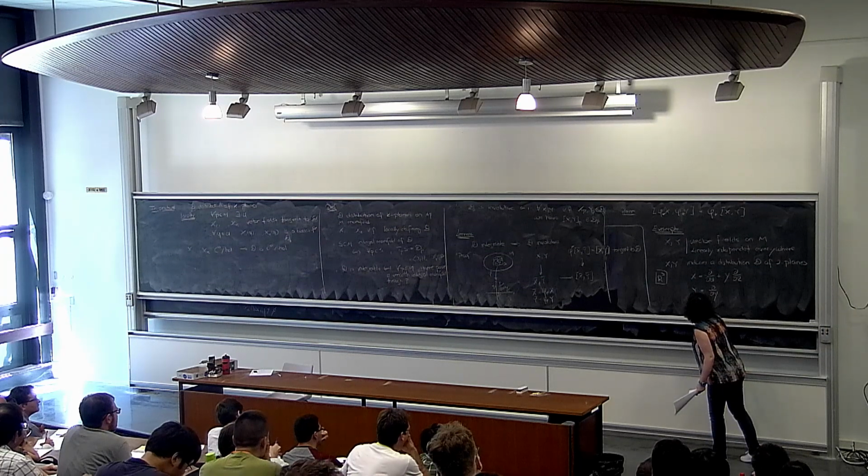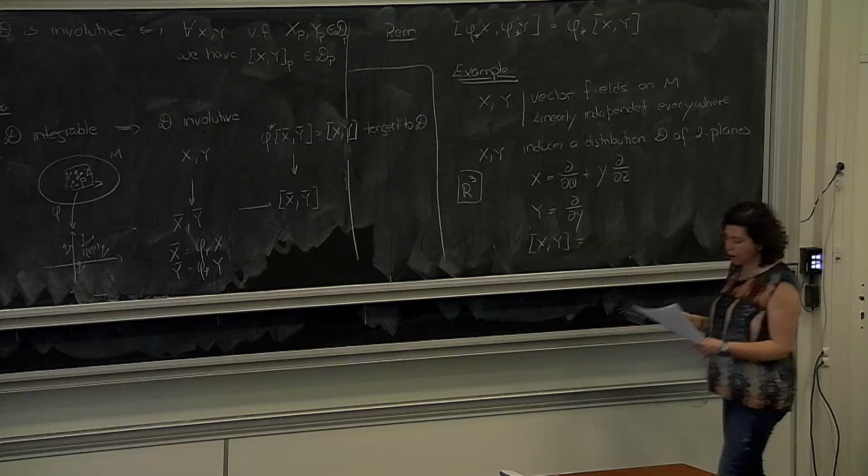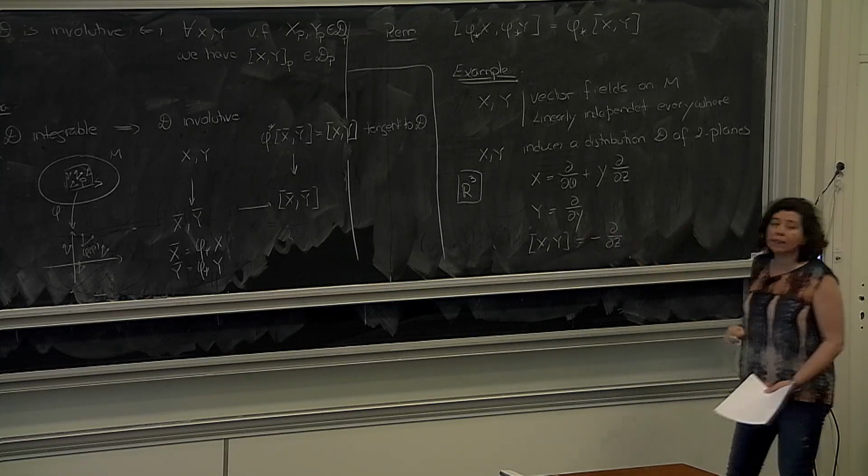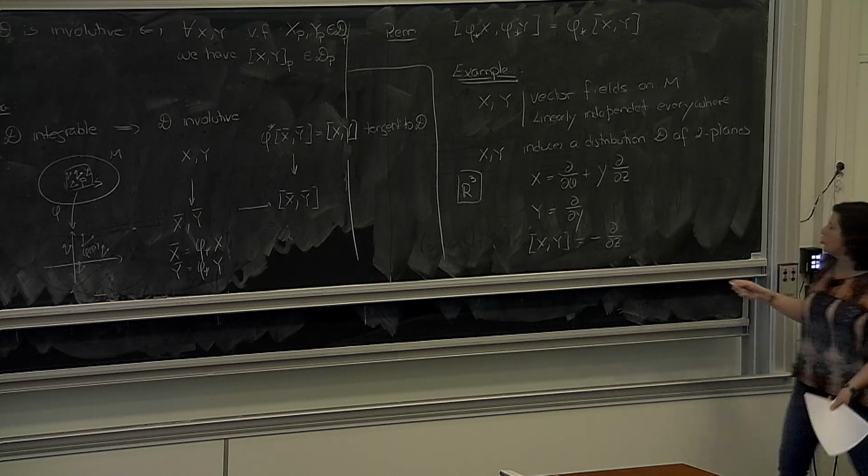If we take here the Lie brackets of these vector fields, it is minus d/dz, that it is not tangent to the distribution.